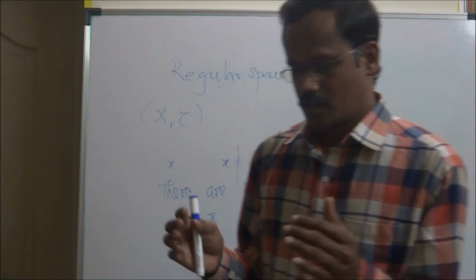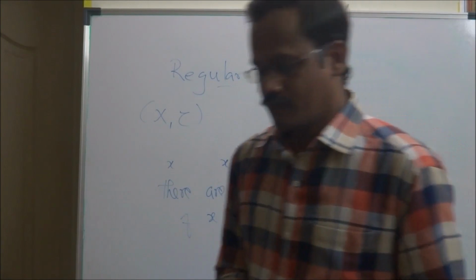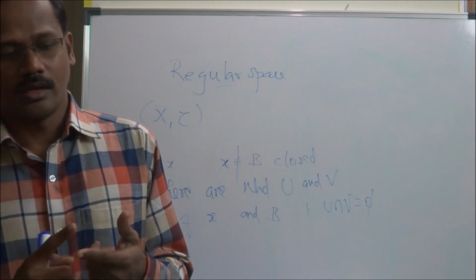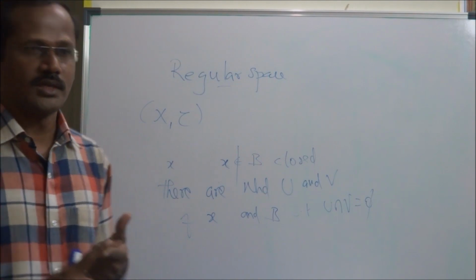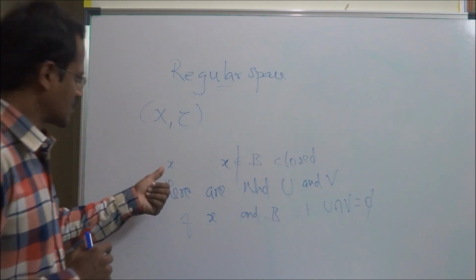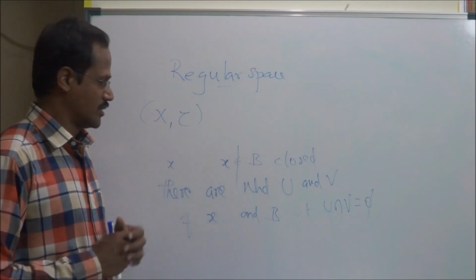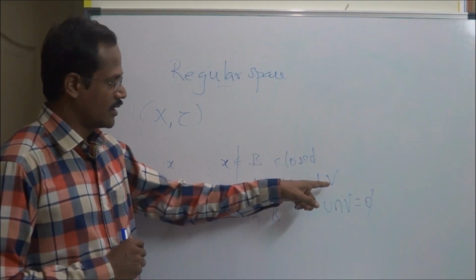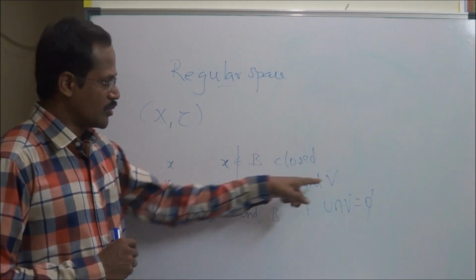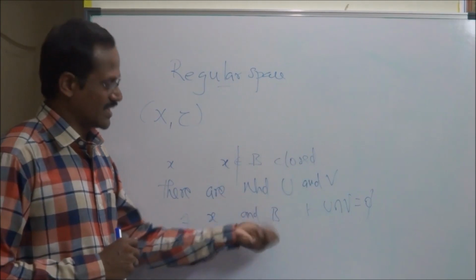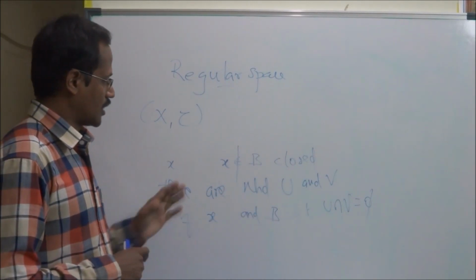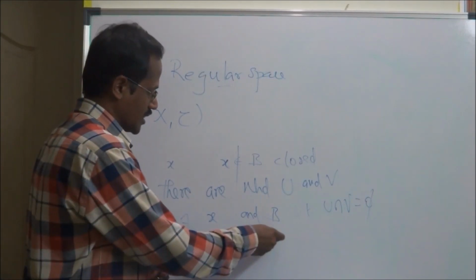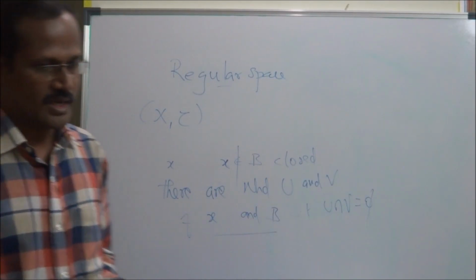That is, in order for the space to be regular, the space must obey the following conditions. Each singleton point is closed in that space, and given any X and a closed set B not containing the point X, there are neighborhoods U of X and V of B. A neighborhood of B means an open set containing the set B. So there are neighborhoods U and V of X and B respectively, such that U intersection V is empty.